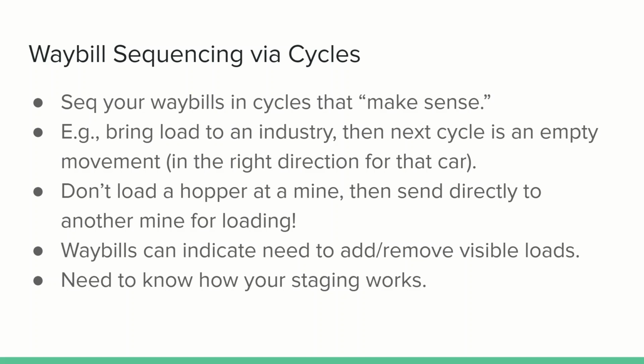So if I bring a load to an industry, then the next cycle is normally going to be an empty movement going in the right direction for that car. So it's starting to move that car back in some logical path that's going to get it back to its home railroad. And then, just simple examples, don't load a hopper at a mine and then send that hopper car to another mine because it's already loaded. Send it to a place that actually can use that load.